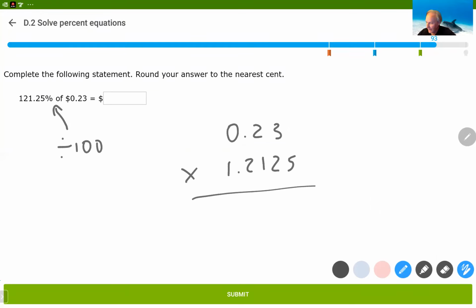If you were going to do it by hand, you would want to reverse these, but I'm not going to do that. 1.2125 times 0.23 is 0.278875. And that rounds to 28. The 8 rounds it up.